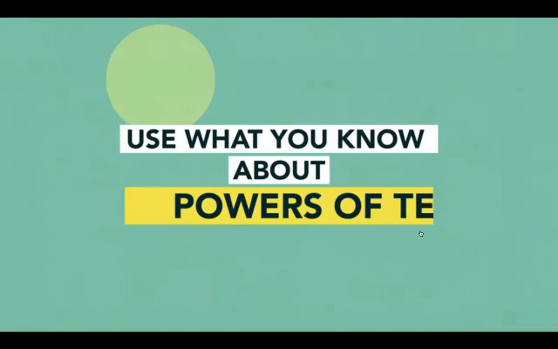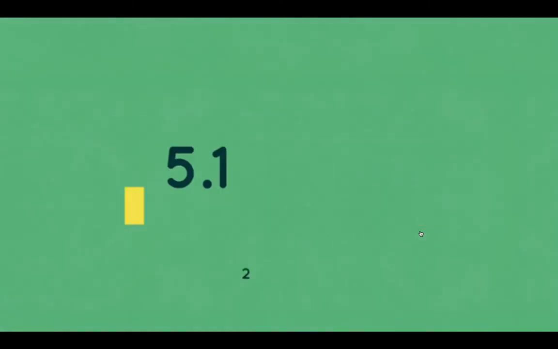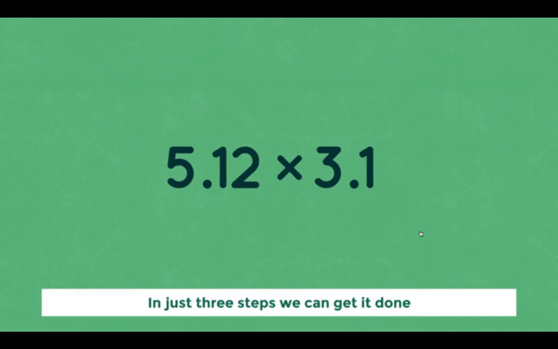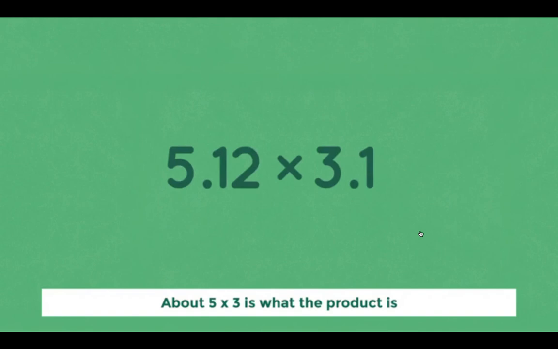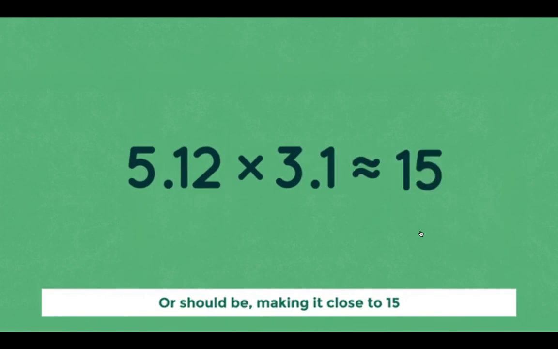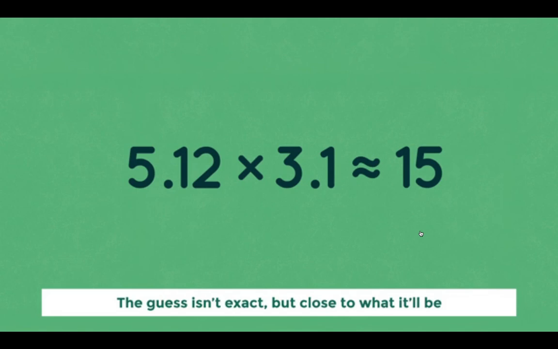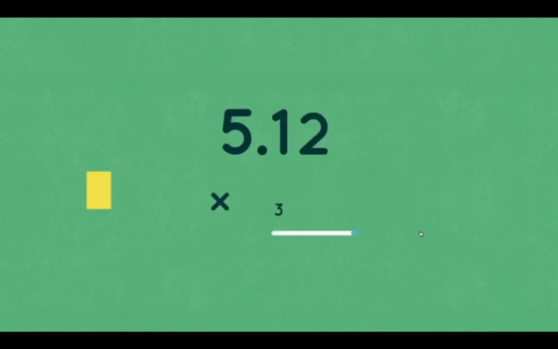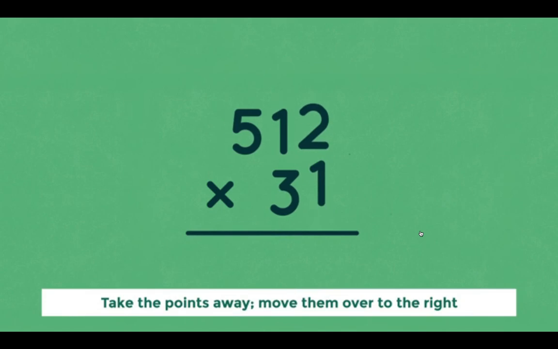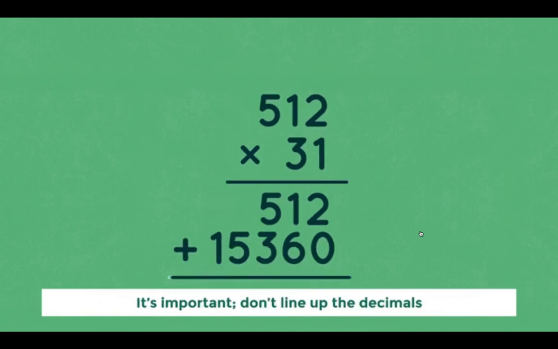Use what you know about powers of 10. Take 5.12 times 3.1. In just 3 steps, we can get it done. Step 1, estimate an educated guess. About 5 times 3 is what the product is, or should be, making it close to 15. The guess isn't exact, but close to what it'll be. Step 2, stack the numbers to multiply. Take the points away, move them over to the right. It's important.